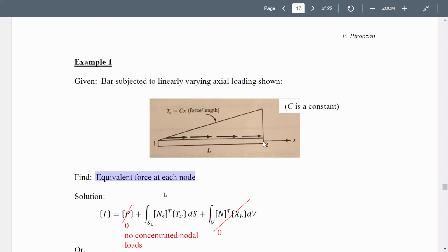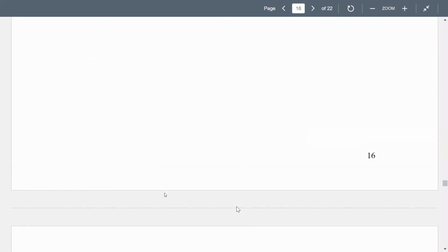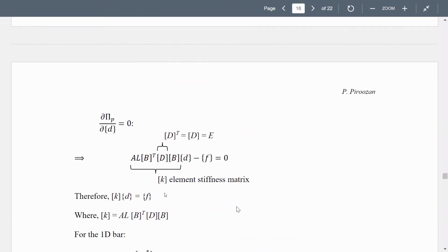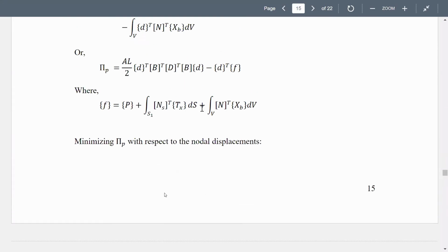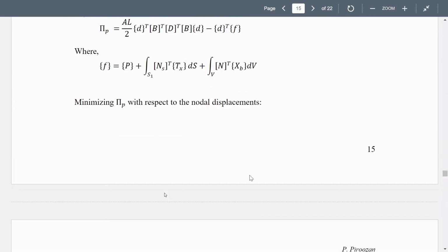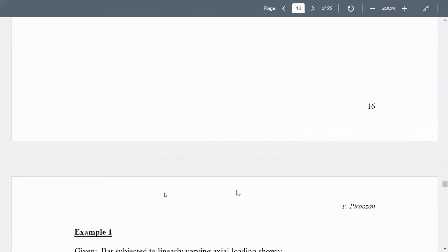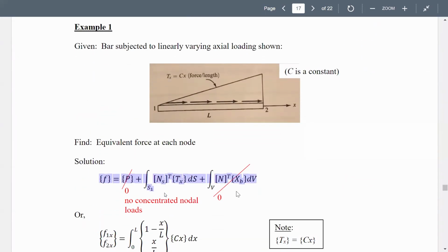How do we do this? Well, we apply the formula that we learned today. F is equal to P plus the term due to traction. So how do we apply this?